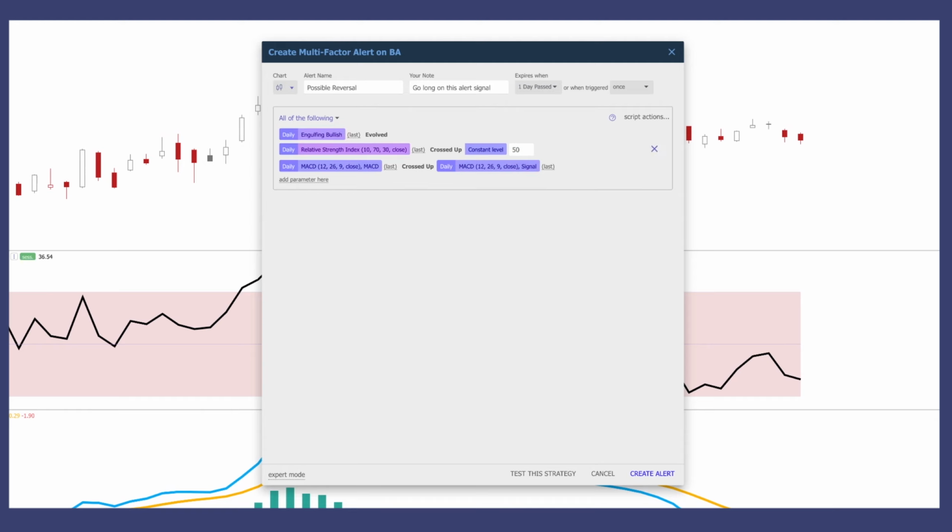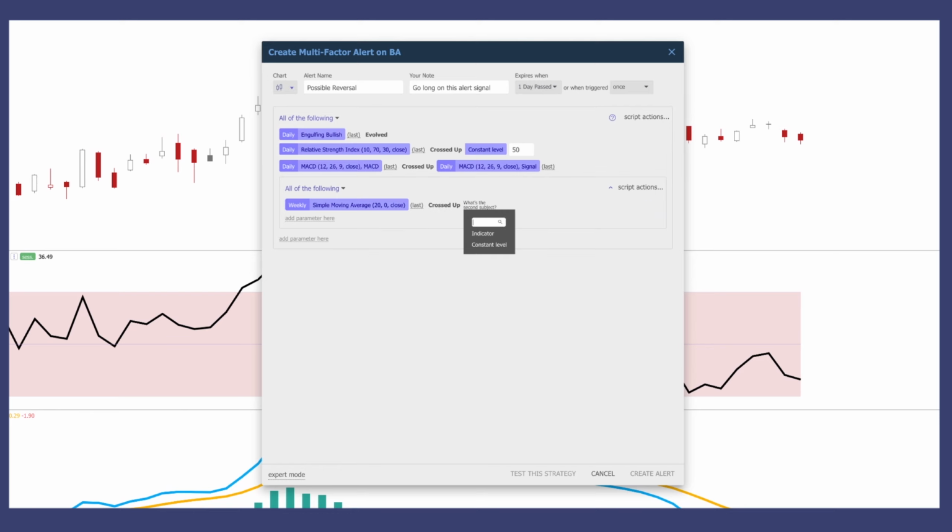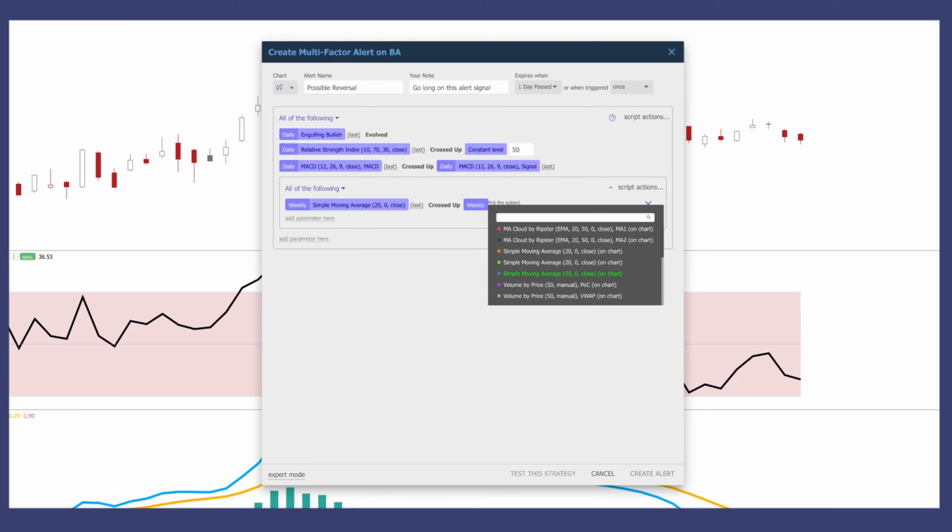Now, let's say that you have all of the following here, and you want to add another conditional tree. So all of these need to happen, but you can also add condition or group, and you can add another tree here. And maybe the next tree is you want a weekly indicator, the SMA 20 crossed up through the weekly SMA 50.